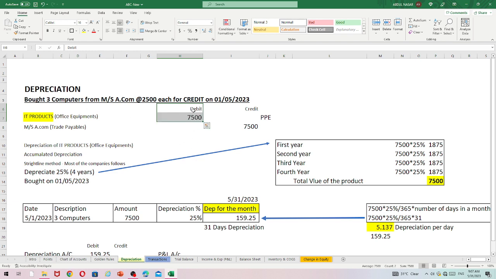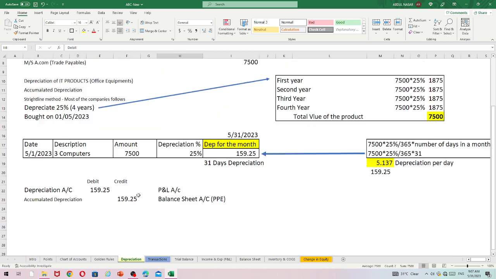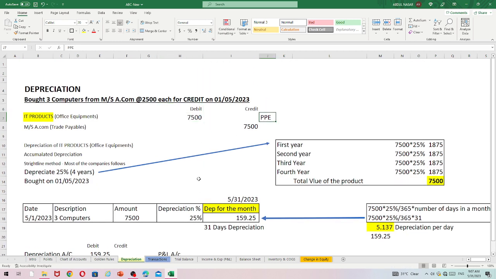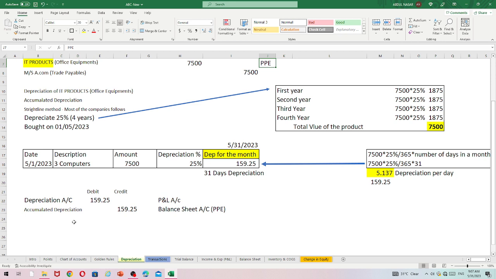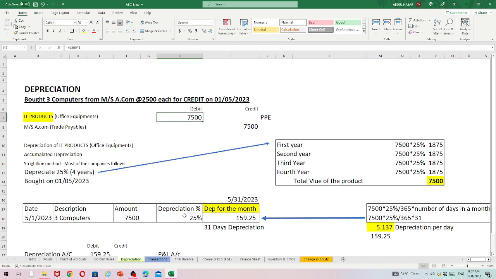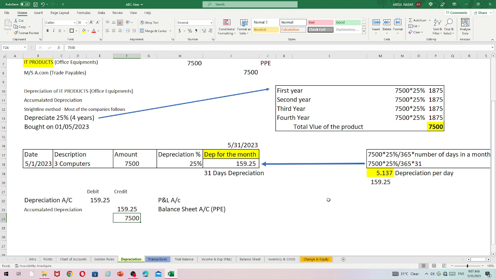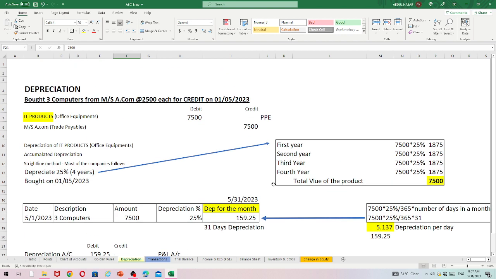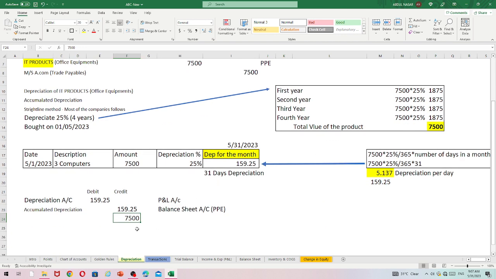Another account in the same category in the balance sheet shows a credit of 7500, so debit of 7500 and credit of 7500 will make 0. So the value of the three computers will be 0, and that is this 7500.